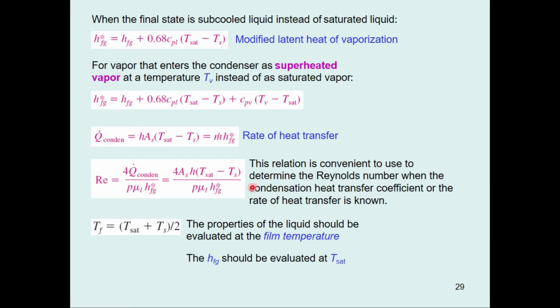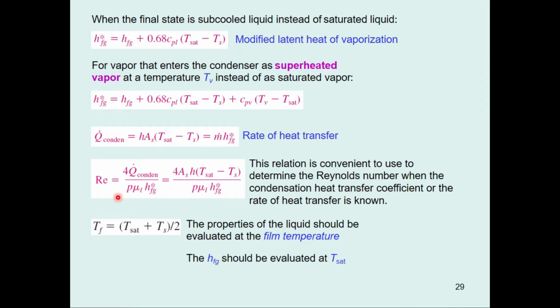This is the expression if the condensation heat transfer coefficient h is given, so we can use this modified expression for the Reynolds number. If the rate of heat transfer or the rate of vaporization is not given, we can use this formula for the determination of the Reynolds number.